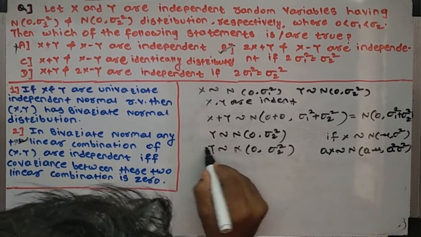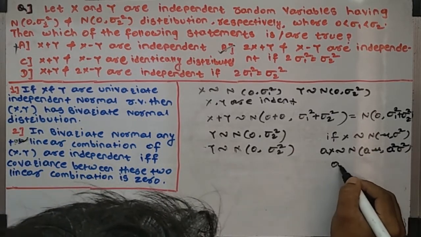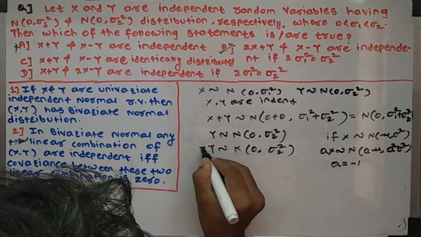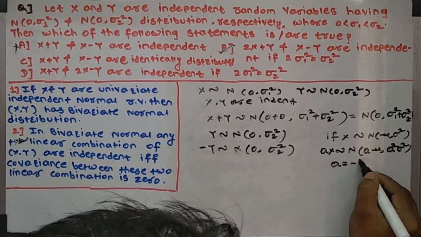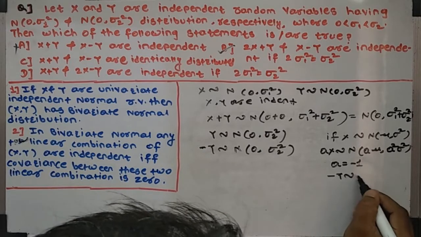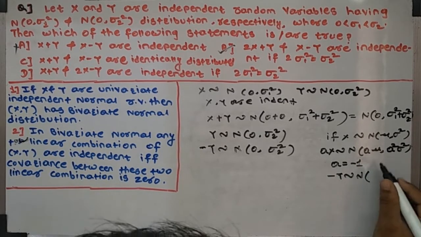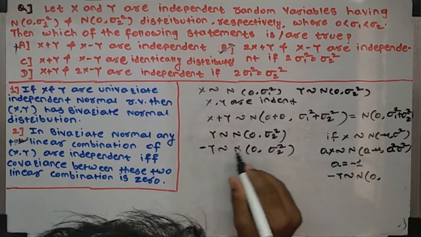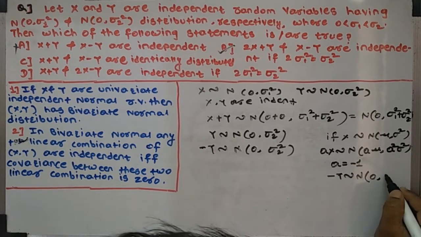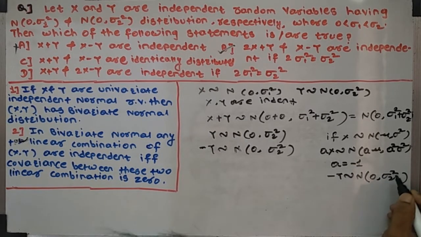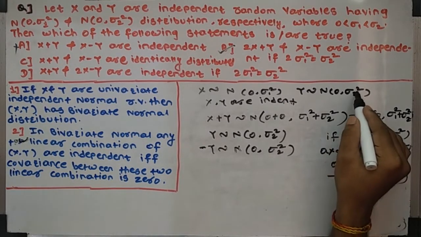So here a equals minus 1, because we have minus y. So minus y follows normal with parameters a mu, that is minus 1 into 0 is 0, and minus 1 square is 1 square into sigma 2 square, because here sigma is sigma 2 square.